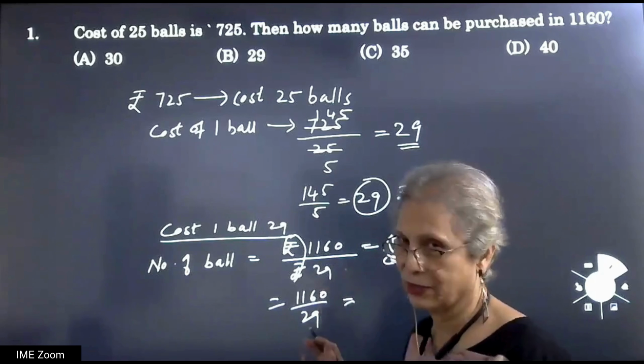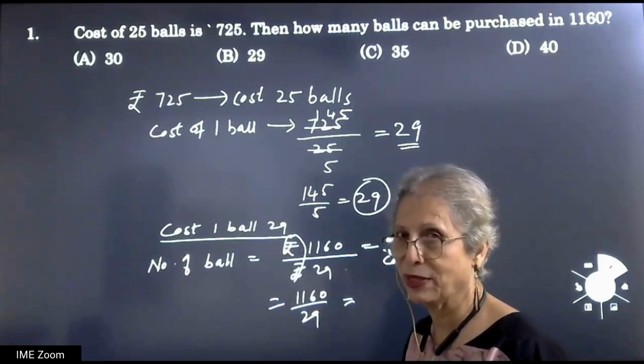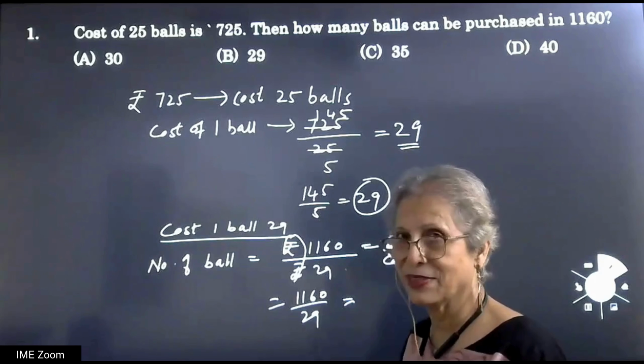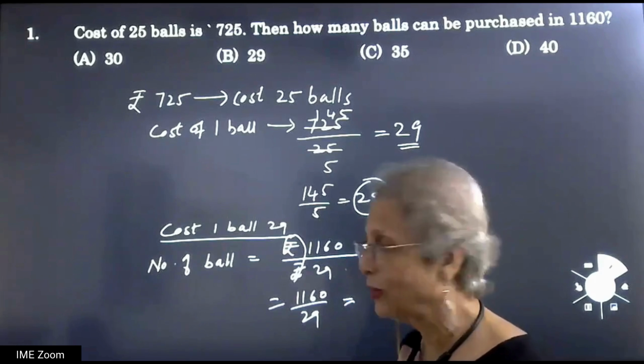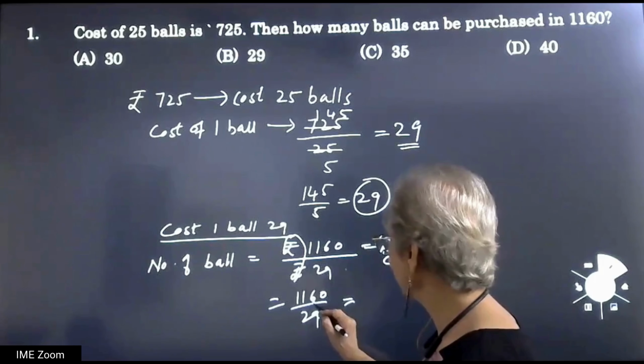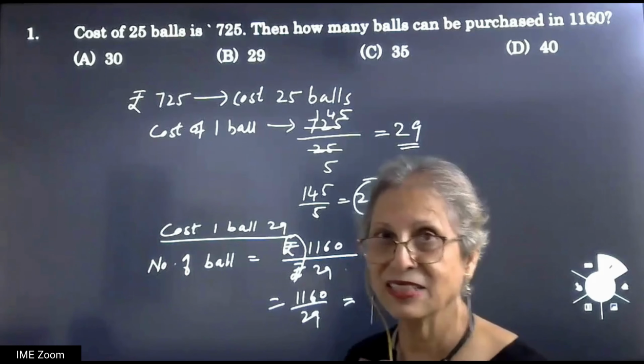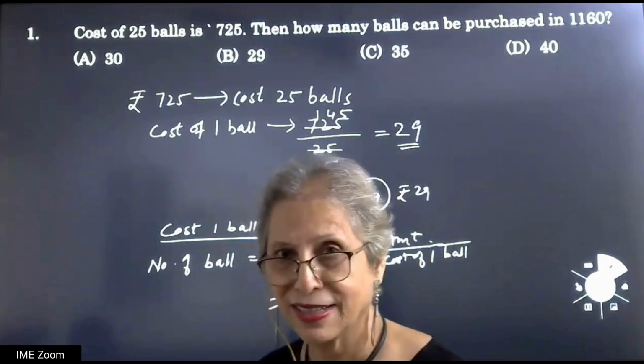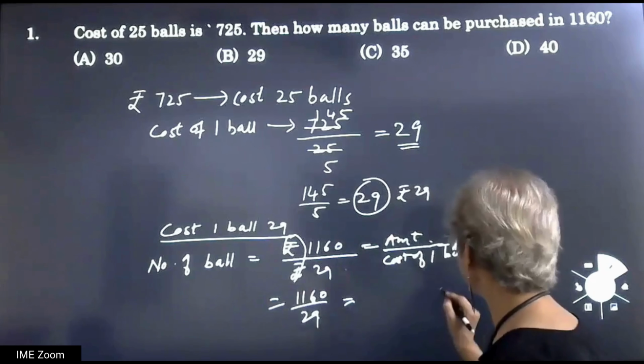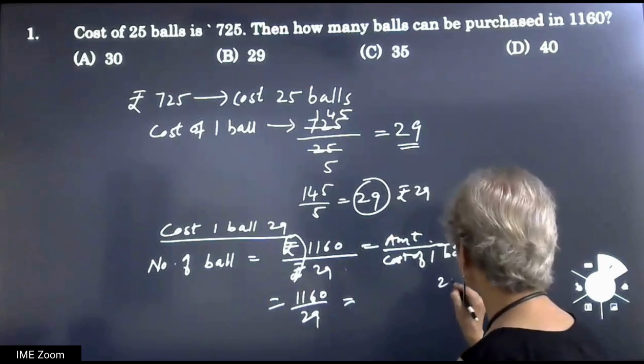And now the actual division. Now 29 is a prime number. And if you know the table, it is well and good, directly do. Otherwise, logic: in 9's table where 6 comes, 9 fours are 36, right? So try for 4, 29 into 4. This is just a clue I am giving.